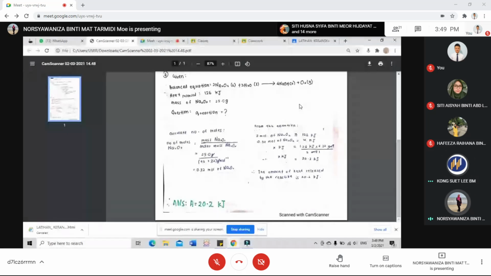Using the formula with molar mass, we get 0.32 mole of Na2O2. From the equation given, 2 mole of Na2O2 is equivalent to 126 kilojoule per mole. Now we have only 0.32 mole of Na2O2, so the amount of heat released by the reaction is 20.2 kilojoule. So the answer is A.